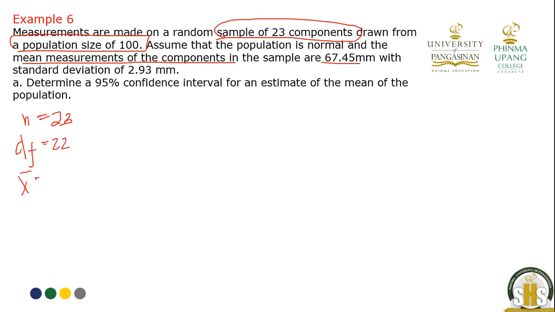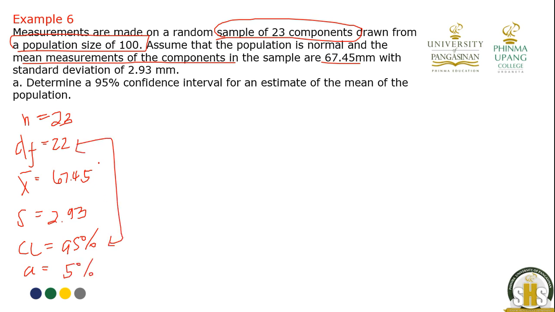Your X bar is 67.45. Your S is 2.93. Your CL is 95%, meaning your alpha is 5%. So DF natin is 22.